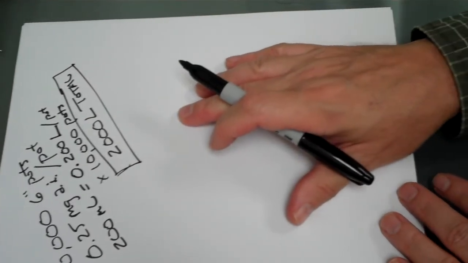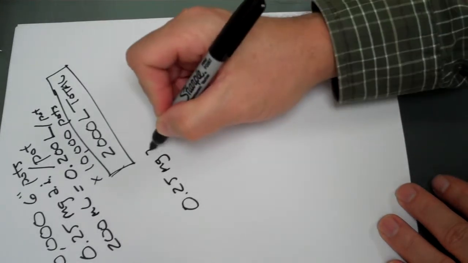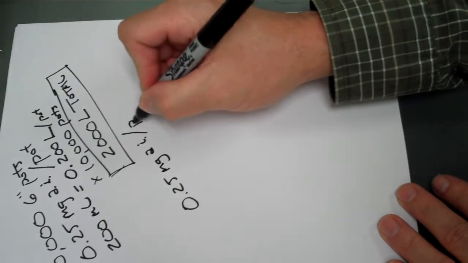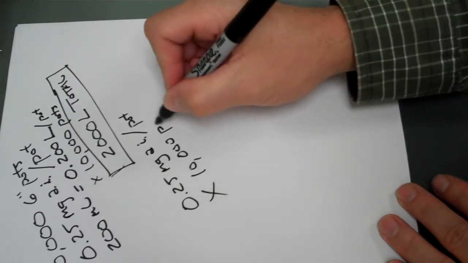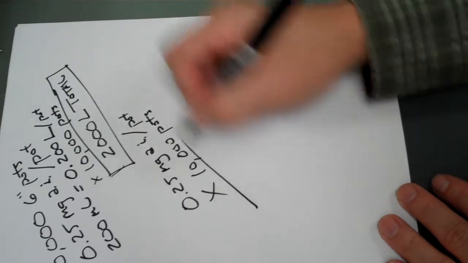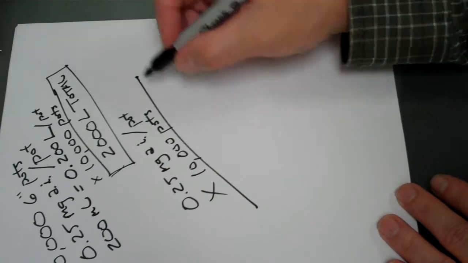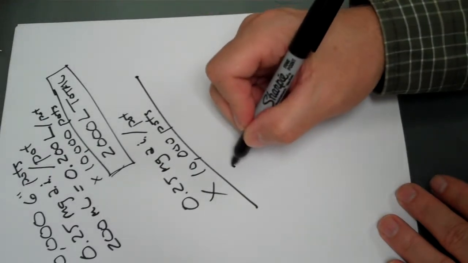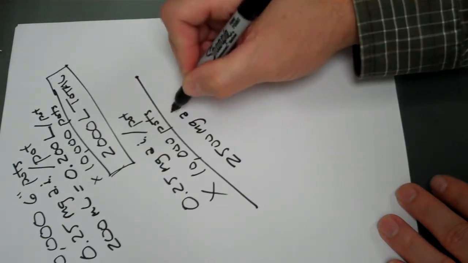Now we want 0.25 milligrams of active ingredient per pot, and we have 10,000 pots. That means we will need 2,500 total milligrams of active ingredient.